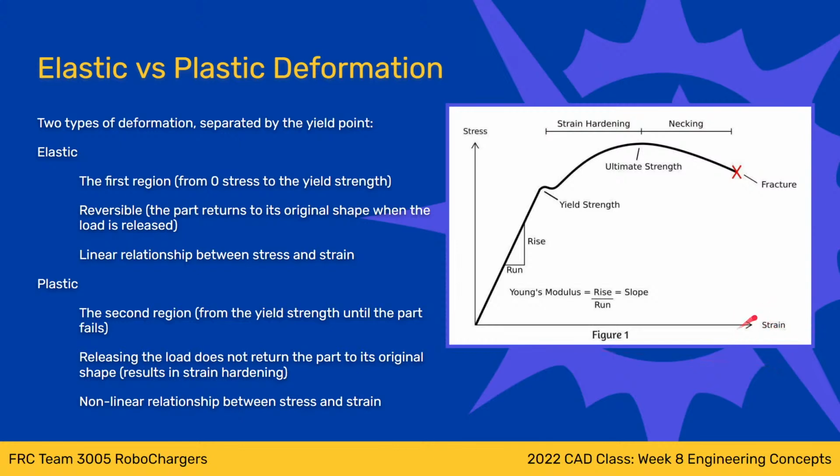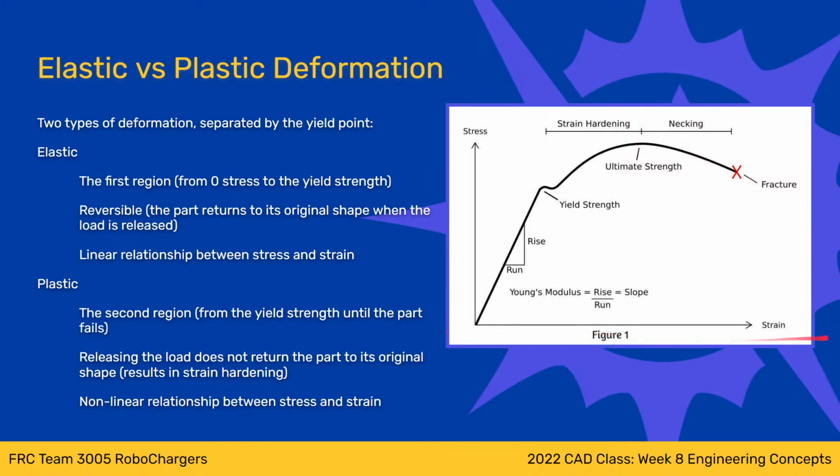There's no numbers on this chart, but this would normally be basically a percentage that you're stretching the material. And if you think about this as you're pulling along the direction, the farther you pull, this is the stress that you're going to create in the material.